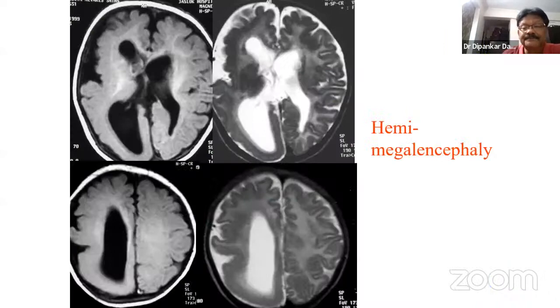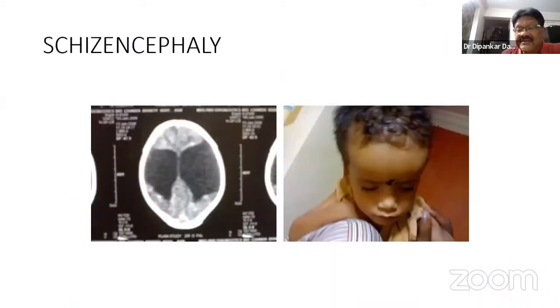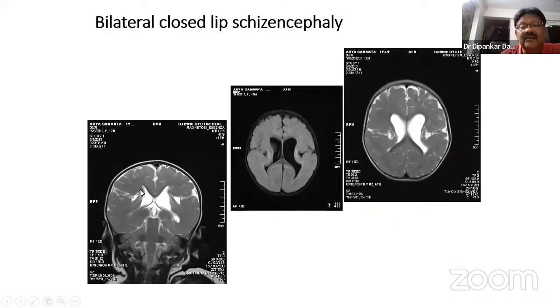This is another example. Schizencephaly, all of you know, closed lip and open lip, two types are there. This is an open lip schizencephaly. So these are large CSF clefts. This is on CT scan, very old companion of myself. So large head. And this is a closed lip schizencephaly.